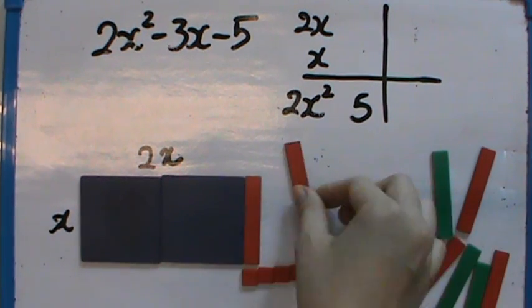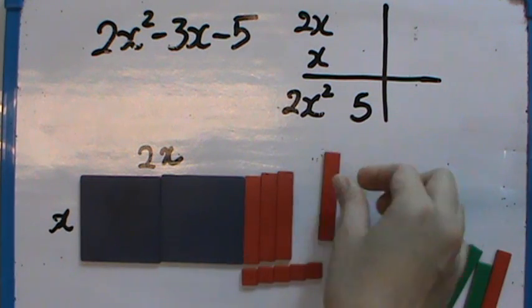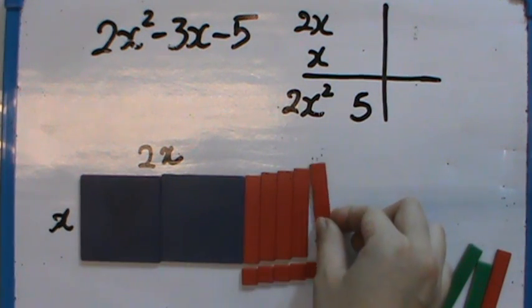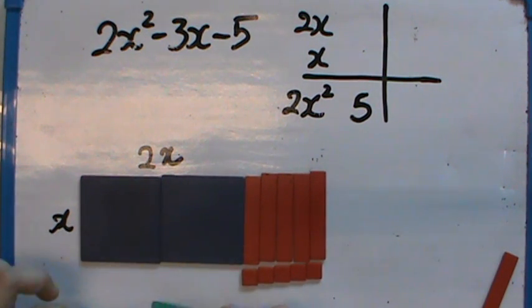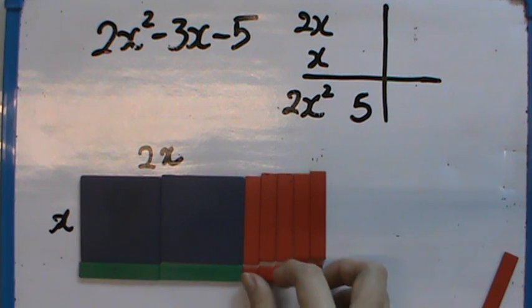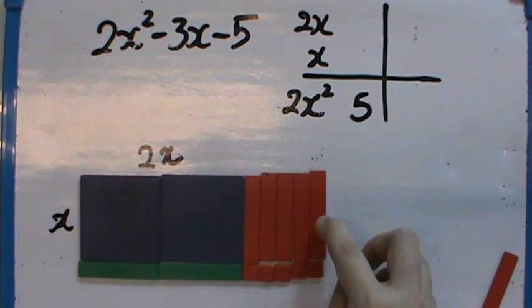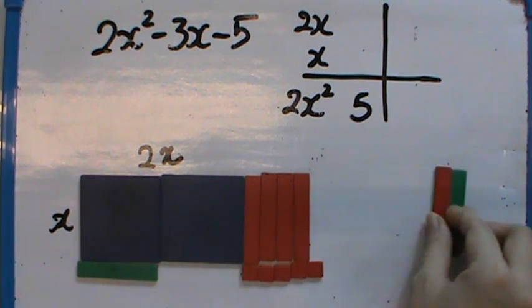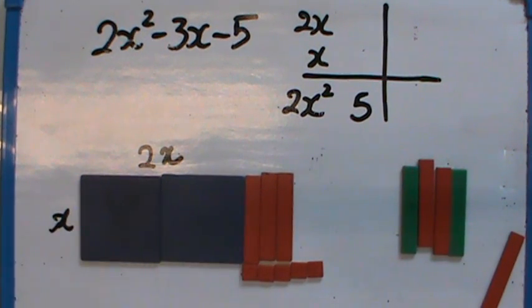I can have a negative 5 and a positive 3. Let's check. If I were to use this, I will have negative 3x.